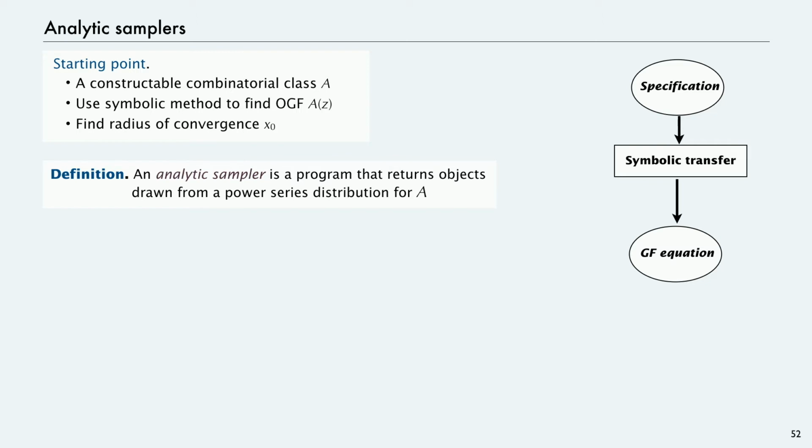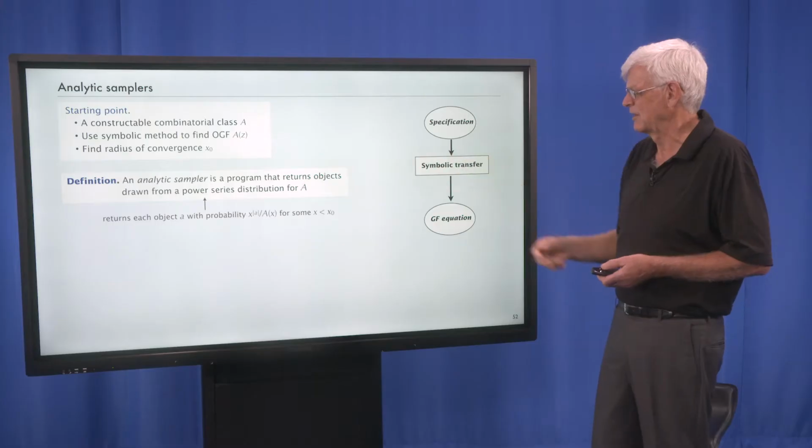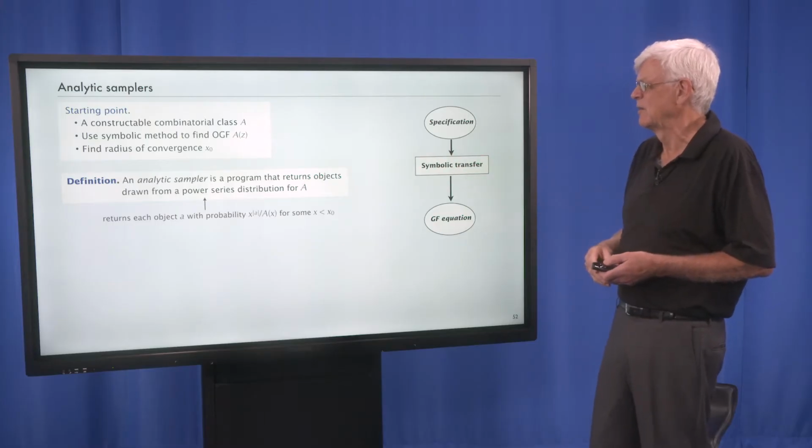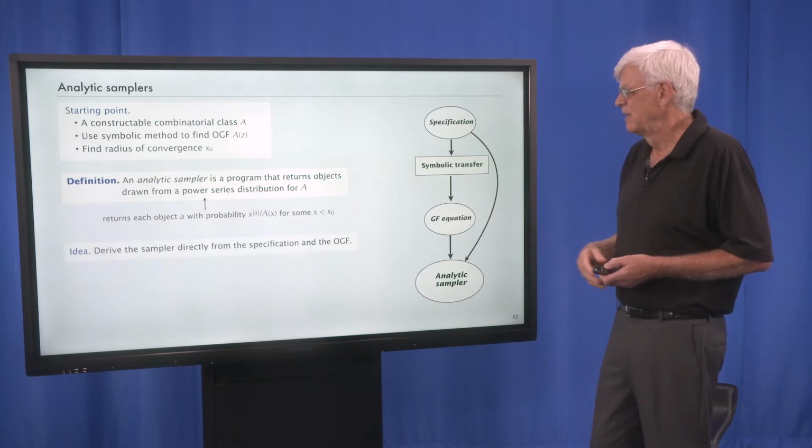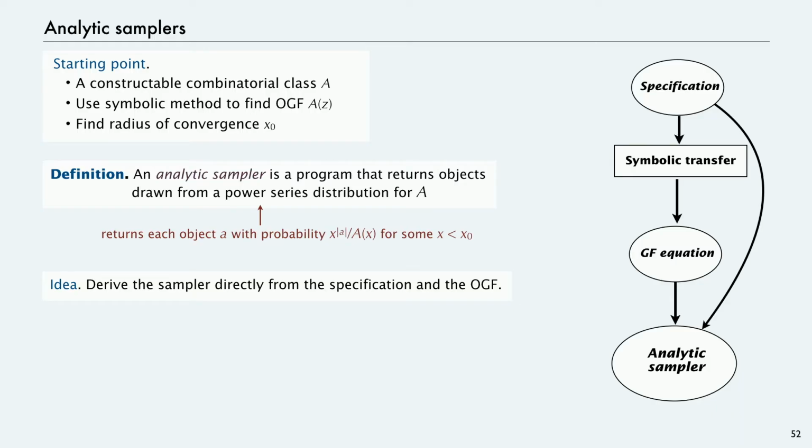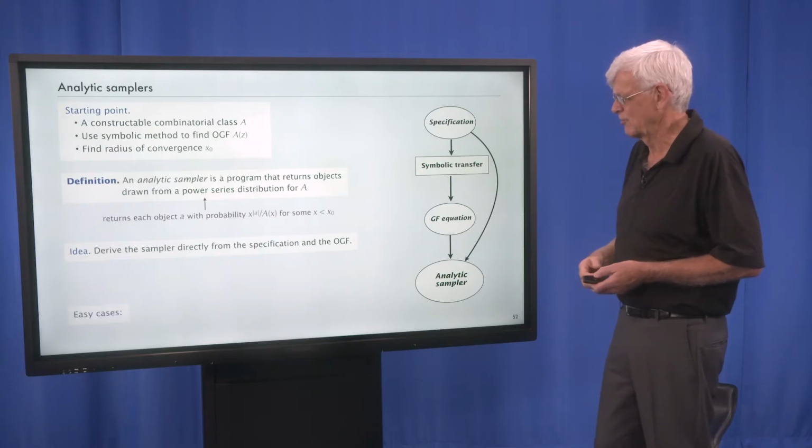That's called an analytic sampler. That is, it returns each object with probability x to that object's size divided by A(x) for our given x within the radius of convergence. And the idea is that we can derive the sampler directly from the specification and the generating function.